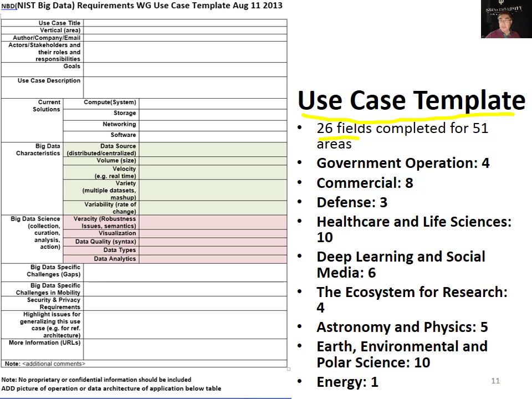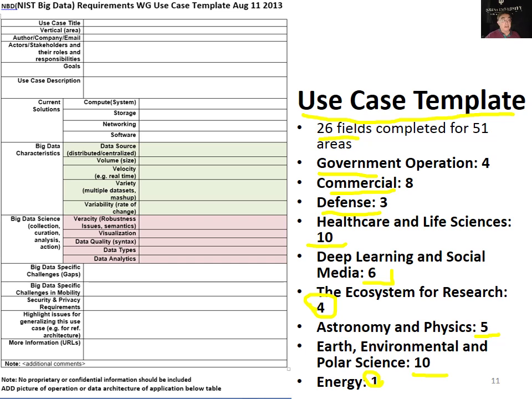You can see where they are spread. There were 4 in government operations like the Census Bureau, 8 commercially like Search and Netflix, 3 for defense, which we'll actually mention later on, 10 in the important area of healthcare and life sciences, 6 in the nifty area, which I like, deep learning and social media, 4 describing the overall ecosystem and cross-cutting issues for research, like metadata study and things like that, 5 in the application area of physics and astronomy, 10 in the broad area of the Earth, environmental and polar science, and 1 in energy. We really should have had more in this area.